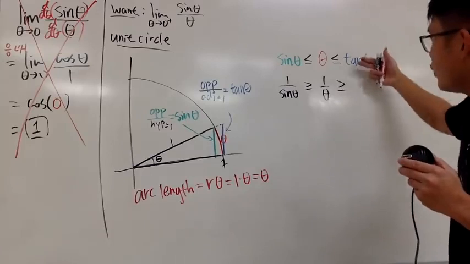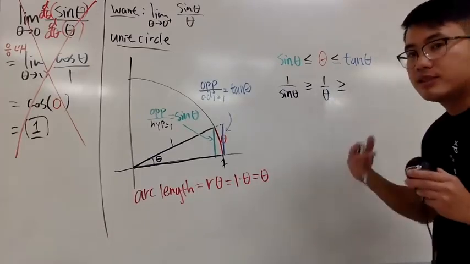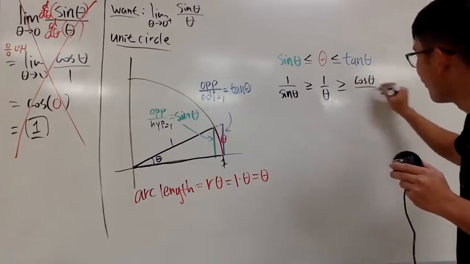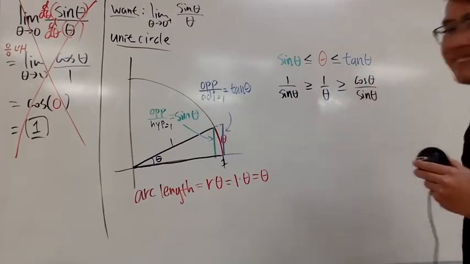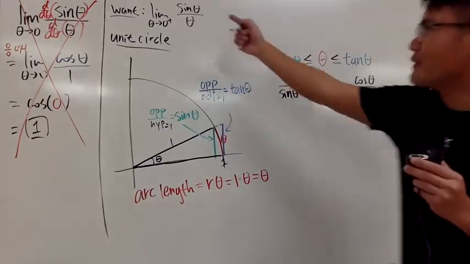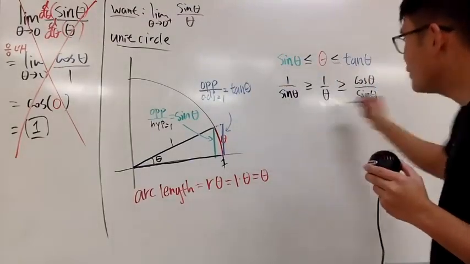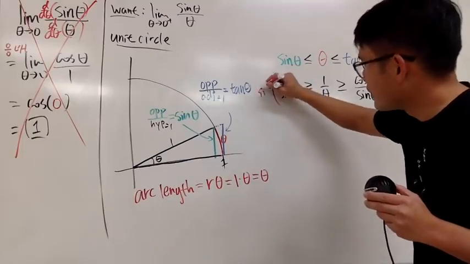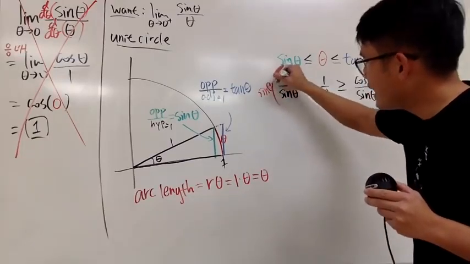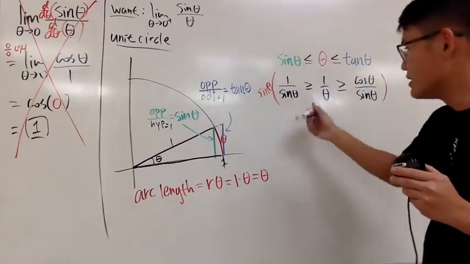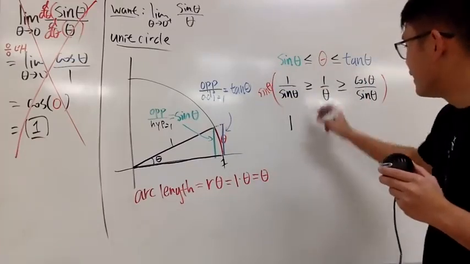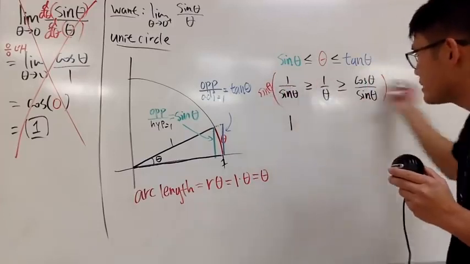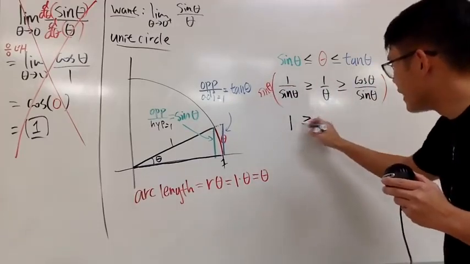If you have 1 over tangent, that's just cotangent. In other words, you get cosine theta over sine theta. Well, I want to have the sine theta on the top. So why don't we just multiply everybody by sine theta right here? And when we do that, this times this is of course just 1. And then of course, sine theta is positive. When you multiply by a positive number, the inequality stays.